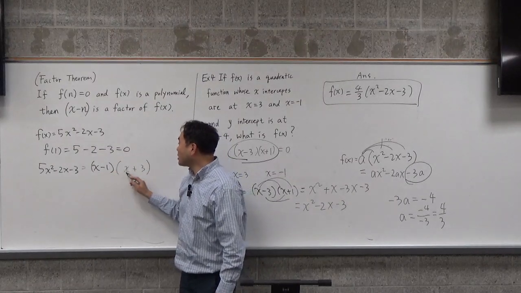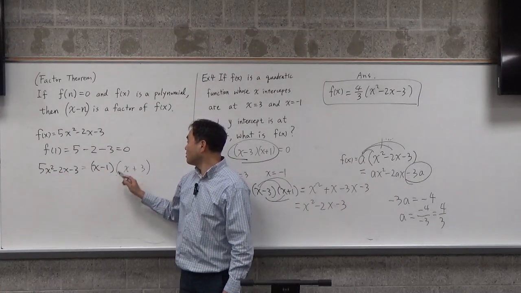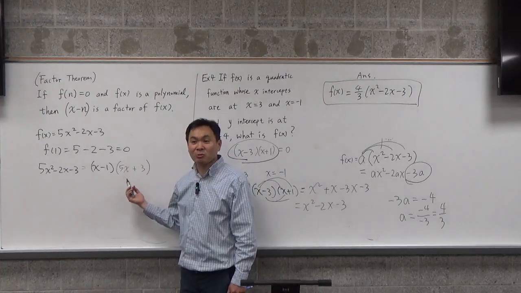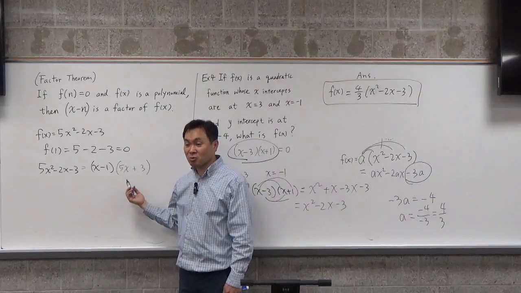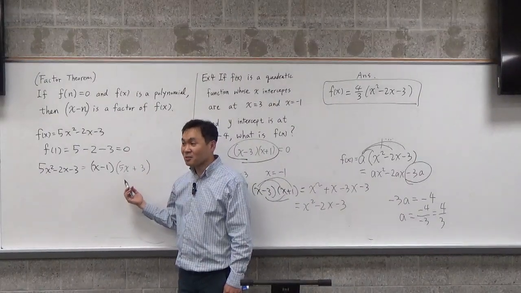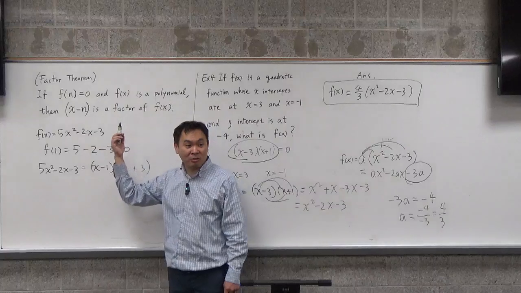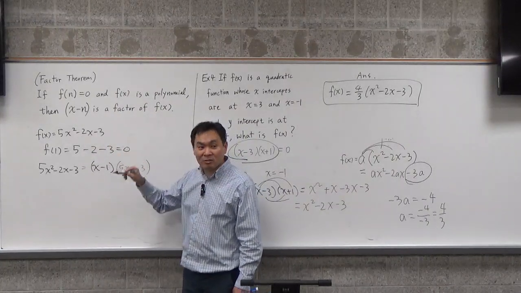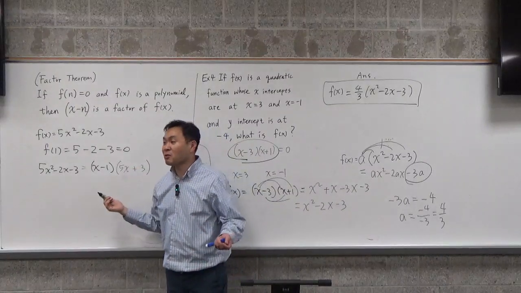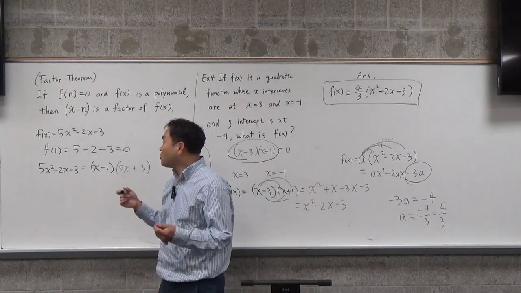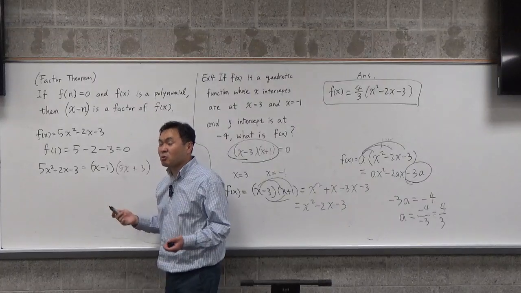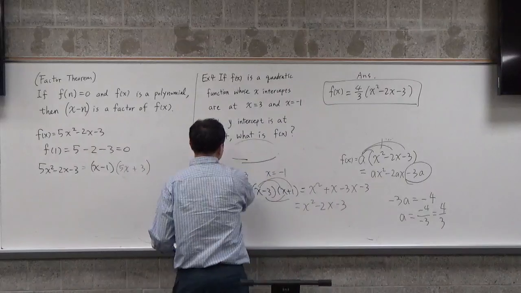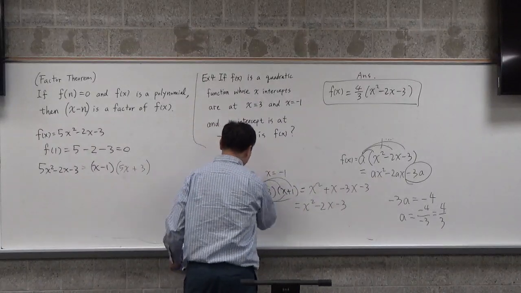And x times what gives you 5x squared? 5x. We factor this without ever doing the AC method. Much quicker, right? That's the power of the factor theorem. If you plug in some number and you get 0, you immediately know one of the factors, and in many cases, you can figure out the other factor.